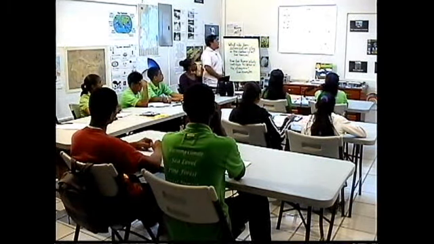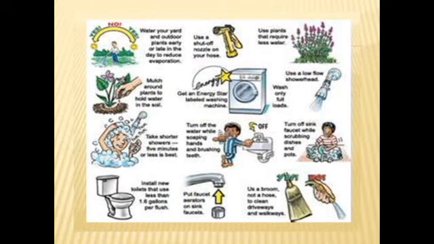Now, this is an example here of how we can conserve different things. The first one is a picture of a man in his garden. Usually, if we're farmers, we water our plants in the morning and in the evening when the sun is not too hot.